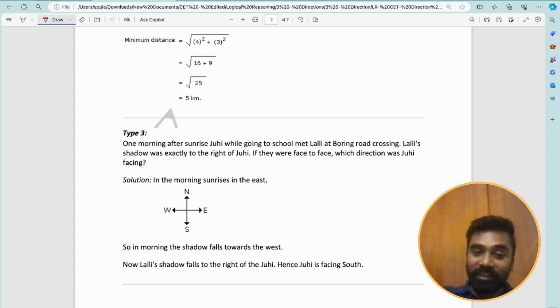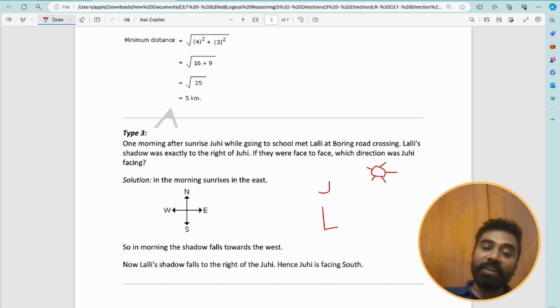One morning after sunrise means early morning, sunrise time. Juhi was going to school, met Lally at Boring Road crossing. Lally's shadow was exactly to the right of Juhi. It was sunrise.